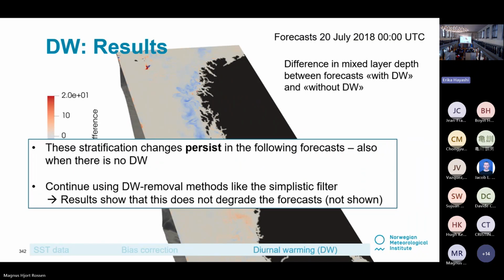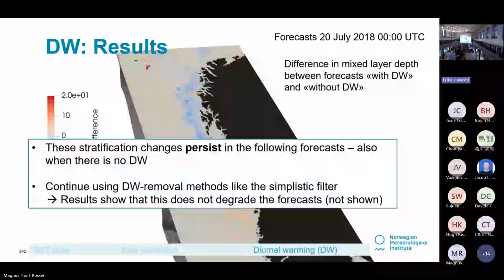Later in the model, they are still there, even though there are no more diurnal warming observations assimilated at these locations. So the model kind of remembers this warming, even though we stopped assimilating them.